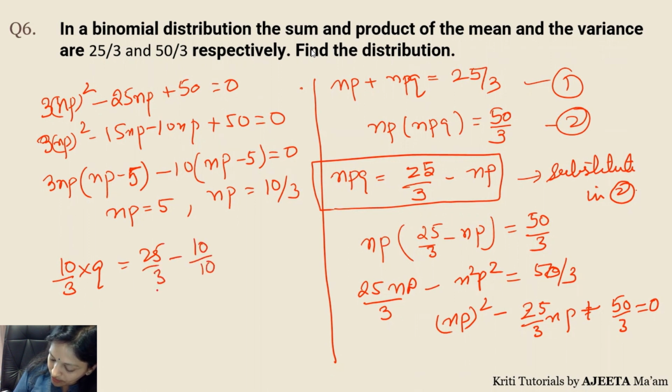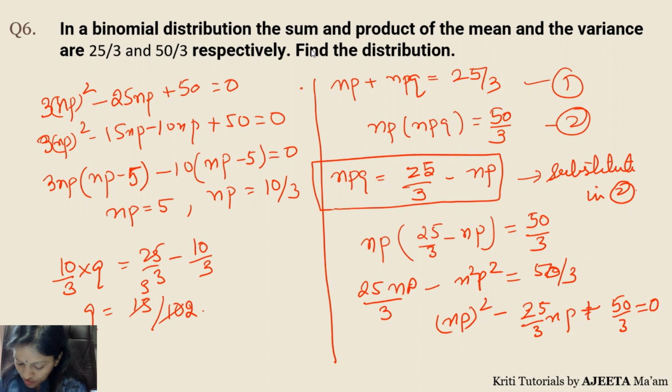So what will you get? Q as 15 by 10. Okay, 3 cancels out. So you get the answer as 3 by 2. Is it possible? The probability to be greater than 1? No. Probability can only be less than 1. So this is not possible.